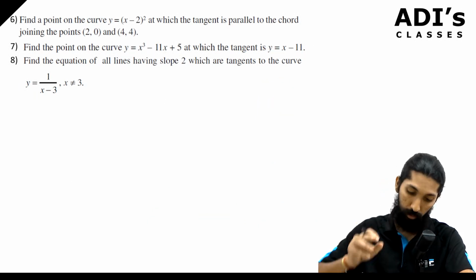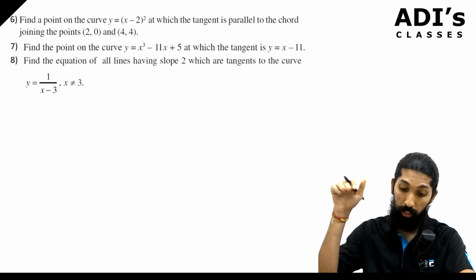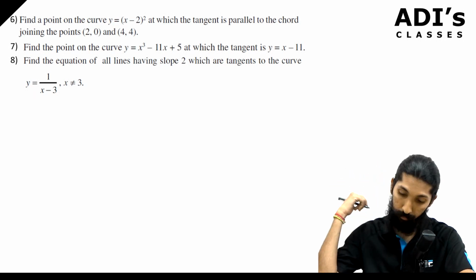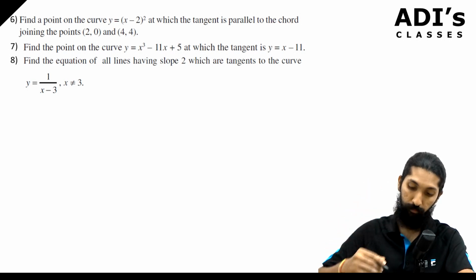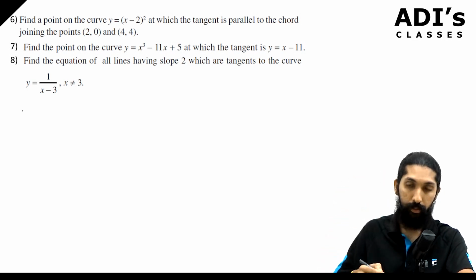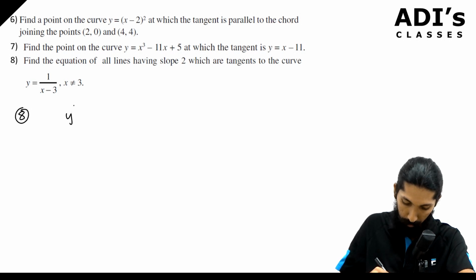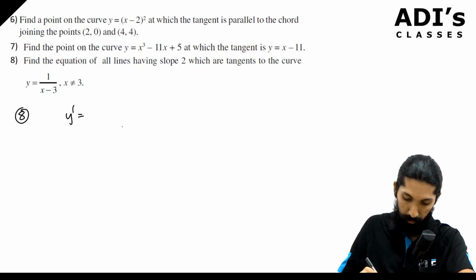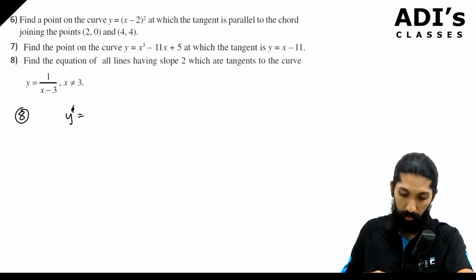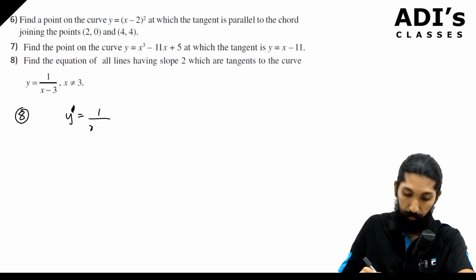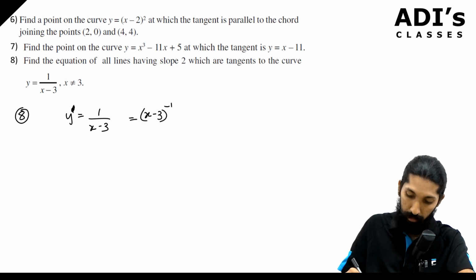Find the equation of all lines having slope 2 which are tangents to the curve y is equal to 1 by x minus 3. Alright, first you differentiate. Okay. Rather than y dash, I think I can start with y, saying 1 by x minus 3 or x minus 3 power minus 1.